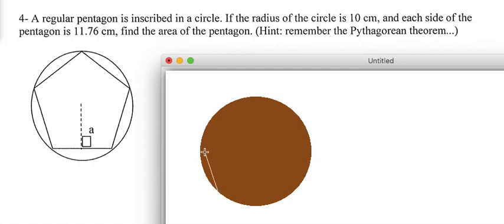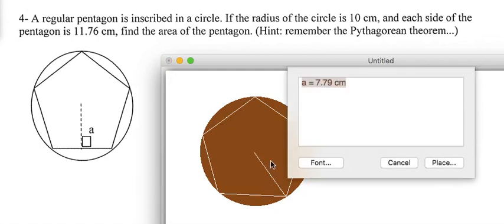You've got what's supposed to be a regular pentagon inscribed inside this circle, like this. Not a perfect pentagon, but you get the idea. And the radius of the circle is 10 centimeters. So that means from here, the center of the polygon, to this corner here, I know that that is 10 centimeters.